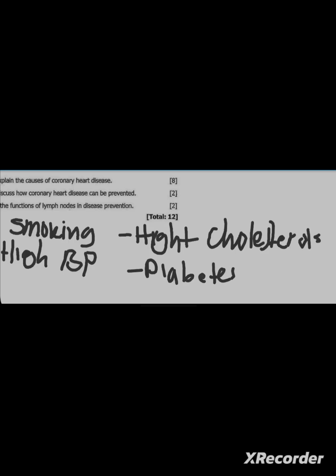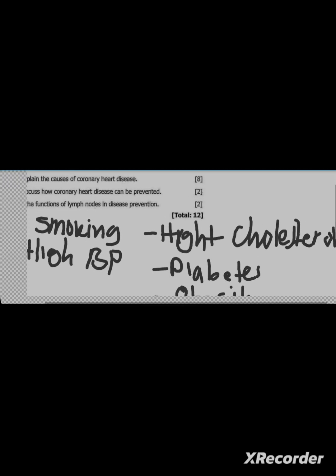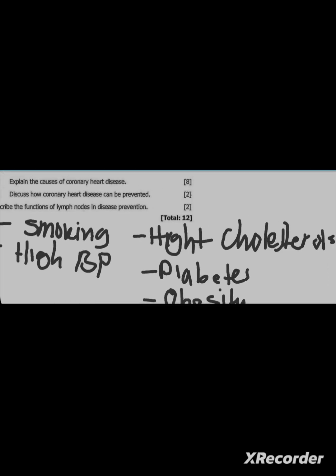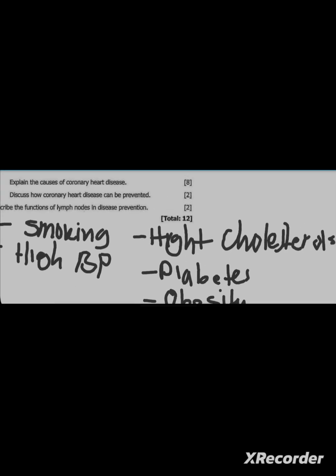Just a high sugar level. And then the last one, maybe we can add obesity. So how do we write an essay question? You just have to define the subject, which is coronary heart disease. Then expand these things. Just explain these points.